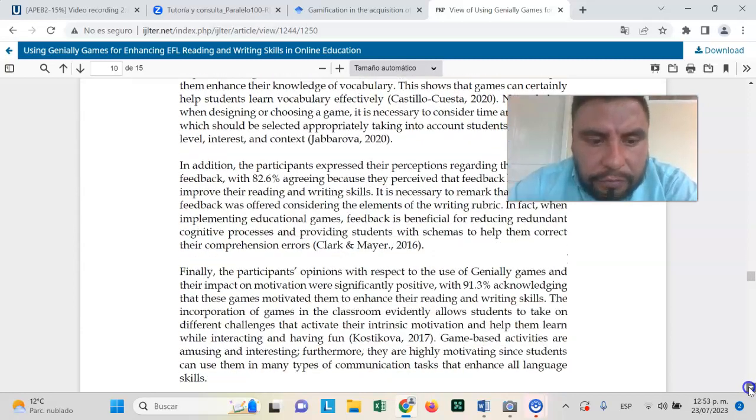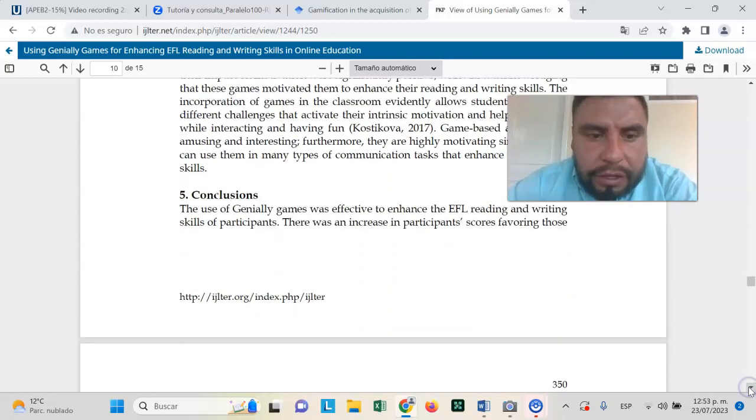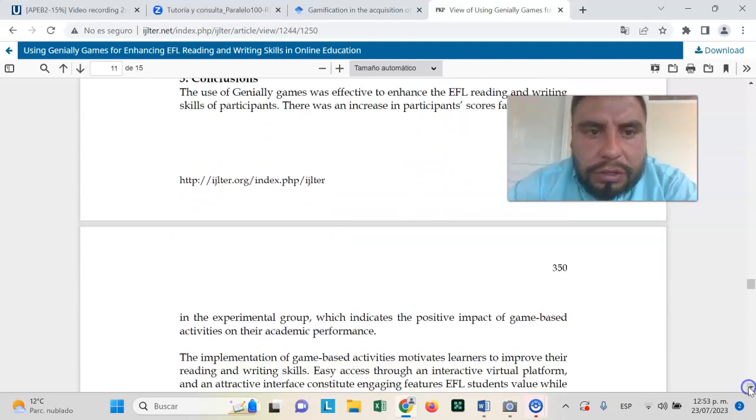And finally, here we have the conclusions. The conclusion is the final step of the journal article, where we can cite some ideas about whether the research was successful or unsuccessful, and whether we reached our goals.